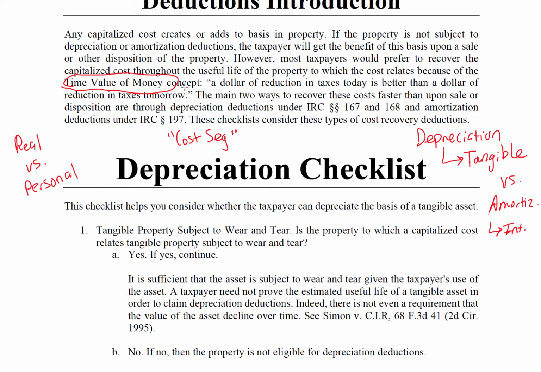Again, the time value of money concept: $1 today that you can get back is better than $1 tomorrow. If you can recover depreciation in 5 years or 7 years, you'd rather pick 5 years. For right now, just think straight line, easy: the same amount for 5 years instead of the same amount over 7 years.